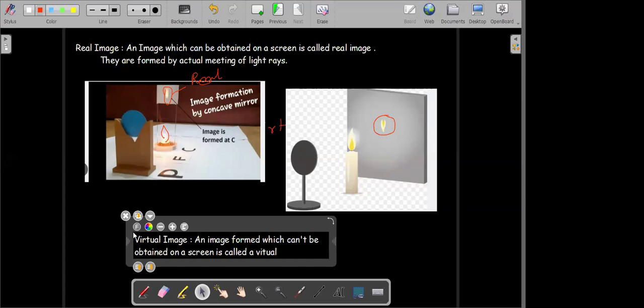You can see that image in a mirror, but you may not be able to obtain it on a screen. Such an image, we call a virtual image. So the image formed by a plane mirror is a virtual image. If you place a screen, you can't obtain that image.